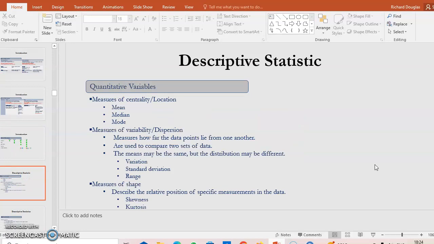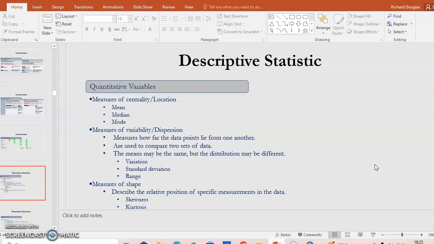Then, in terms of quantitative data, there are certain things that one is interested in measuring in order to explain or summarize the data. For example, the measures of centrality or location, whereby one needs to determine the mean, the median, and the mode.